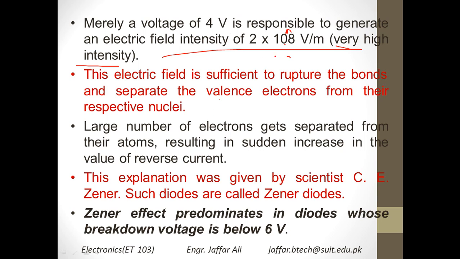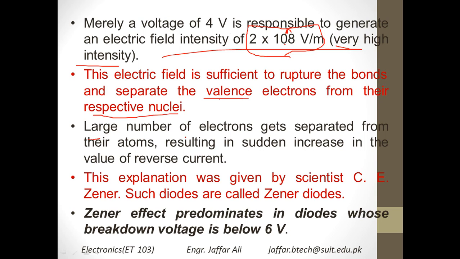So if you provide such intensity of electric field, there will be a definite chance that electrons from the valence shell will go towards the conduction region by separating themselves from their respective nuclei. This is the main reason that supports the working of a Zener diode.